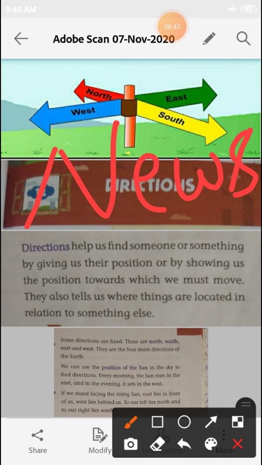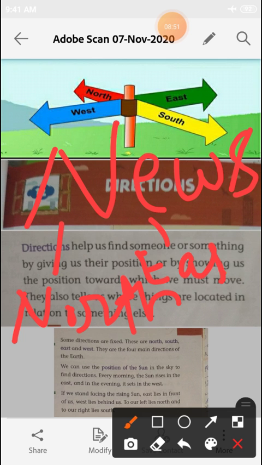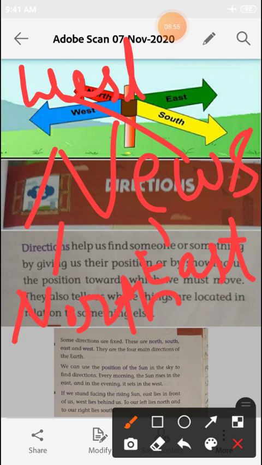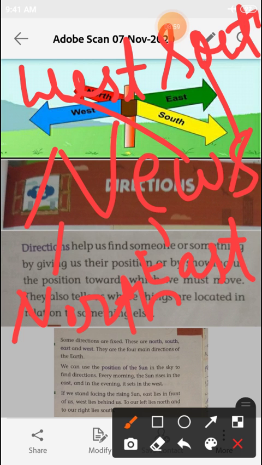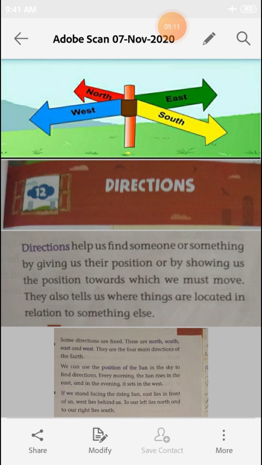N for north, E for east, W for west and S for south. Student, we can find the directions of our NEWS: north, east, west and south.